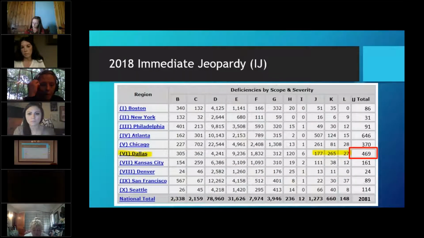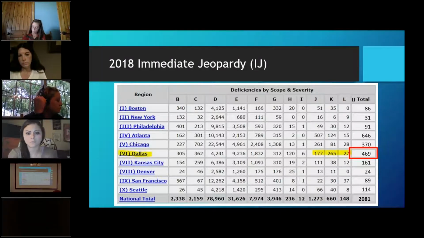Okay. This gives a broader scope on what it is from region to region. The only region that has a higher IJ total is the Atlanta region. That'll be Georgia and the surrounding states that are in that region, or by that regional office.